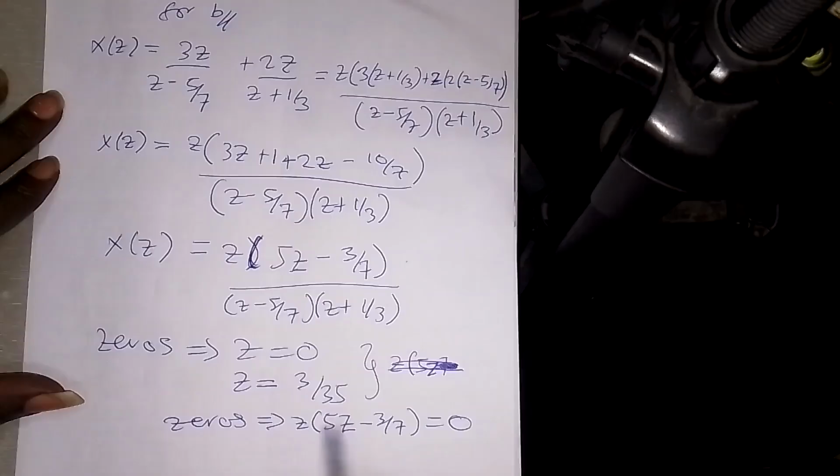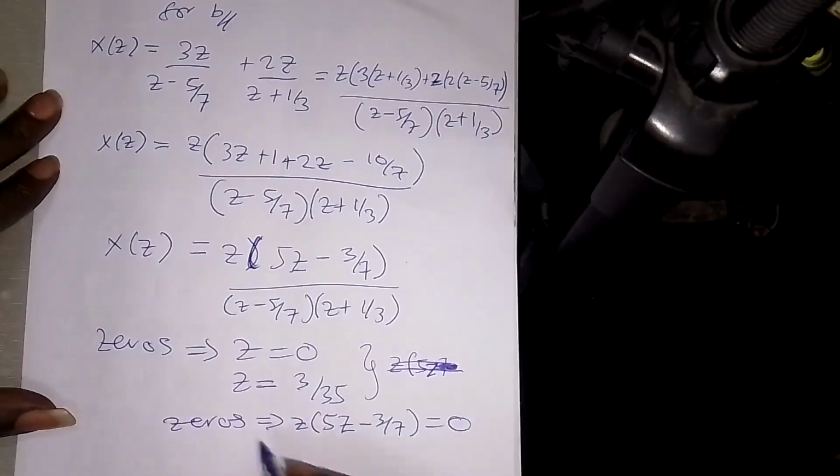If you equate this one, you get 0. If you equate this part, you get 3 over 5.